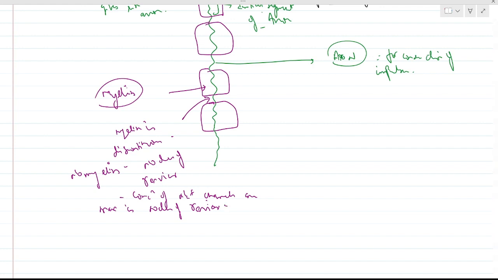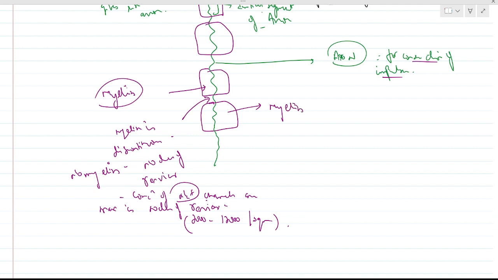The concentration is, remember, 2000 to 12,000 per square micrometer. This is the concentration of sodium channels which is maximum in the nodes of Ranvier. Okay. Now here this axon is for conduction of impulse and this is myelin. Okay.